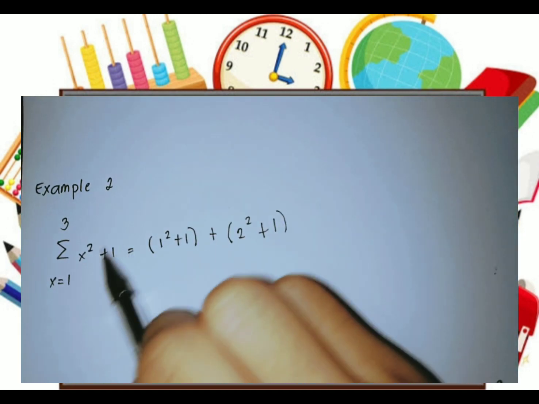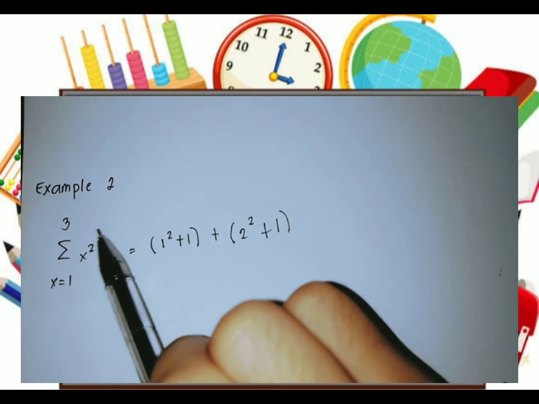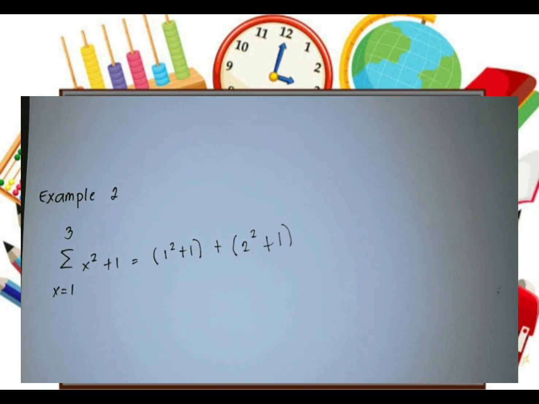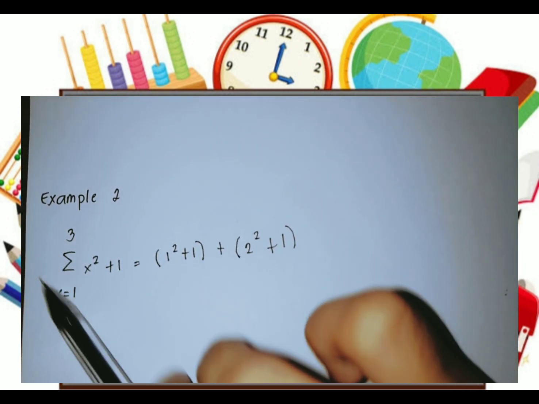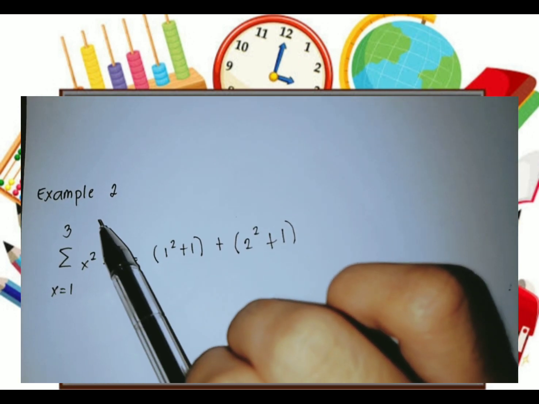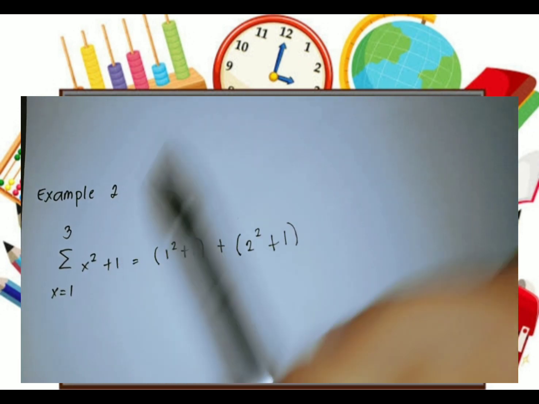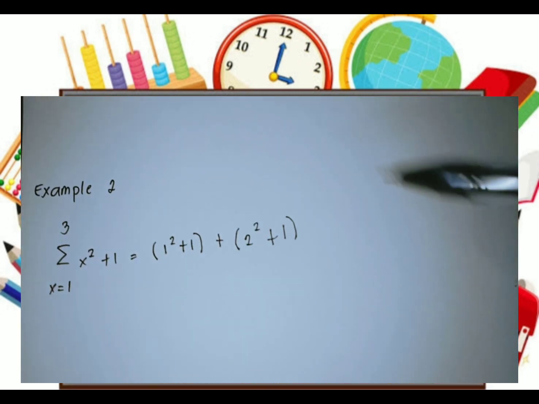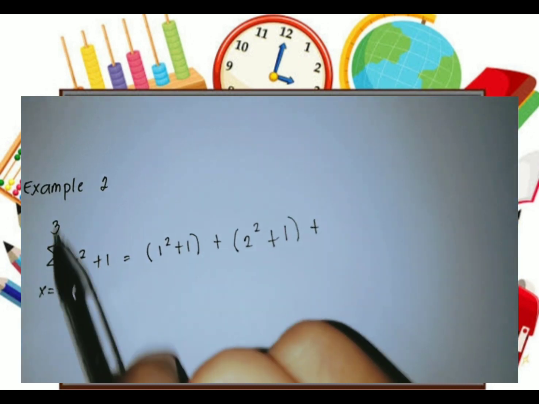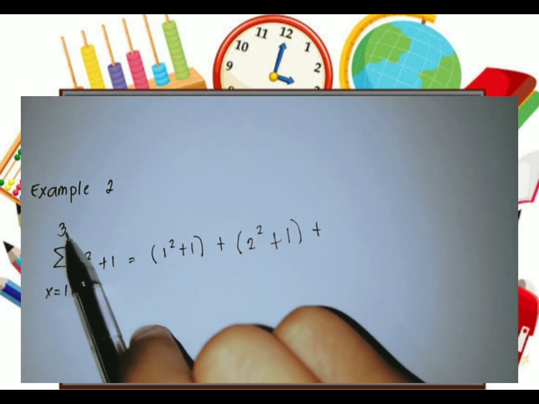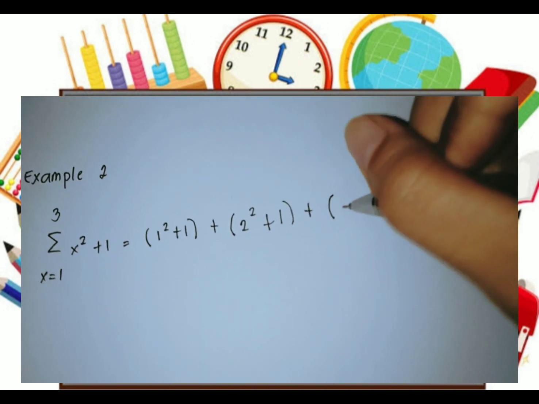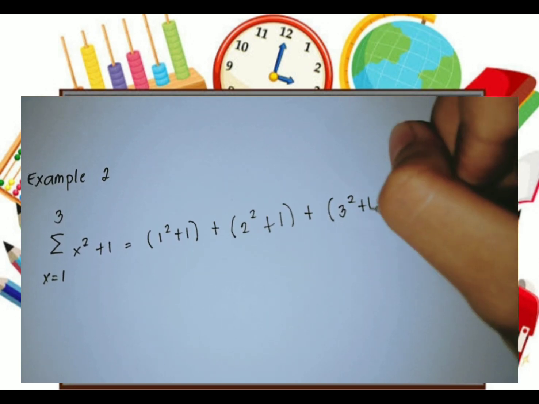The plus 1 is given, and the squared is also given. This is the formula that we will use and follow. Now we will add the upper limit, which is quantity 3 squared plus 1.